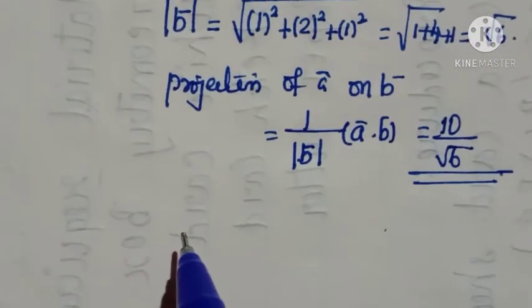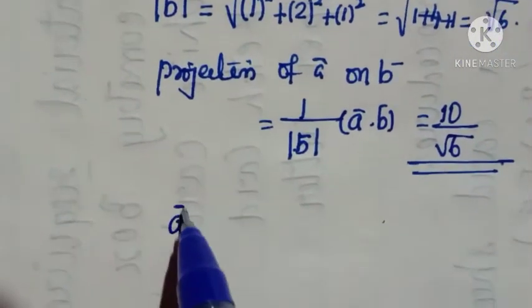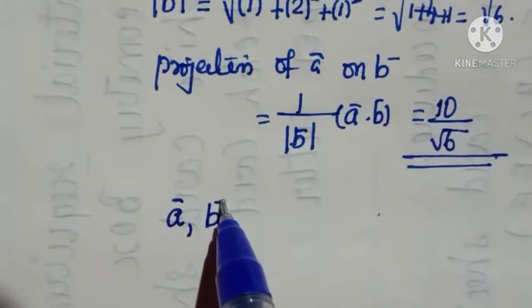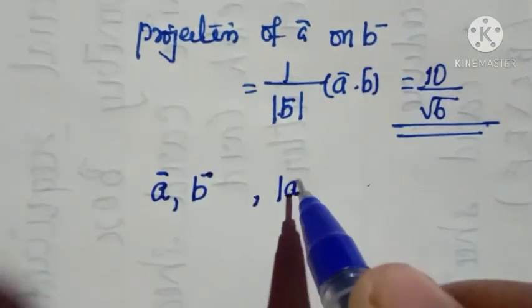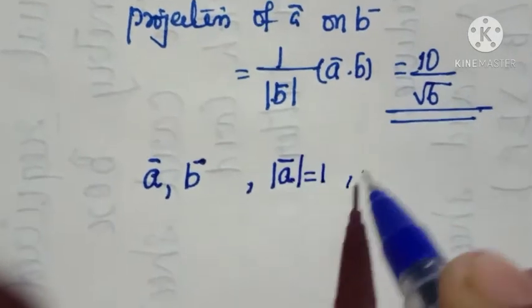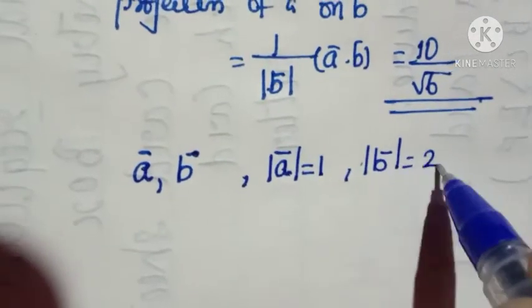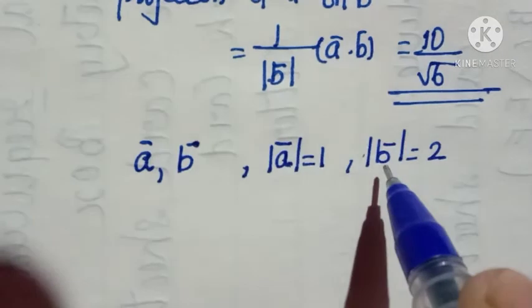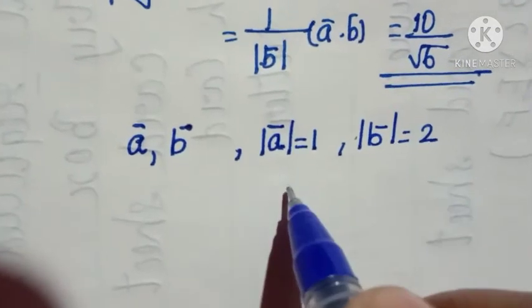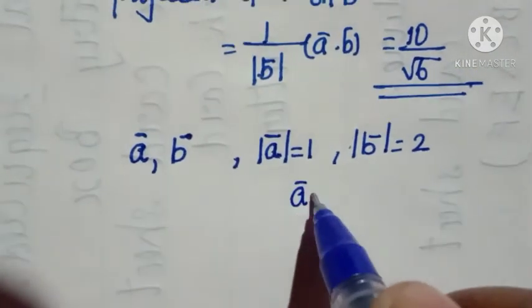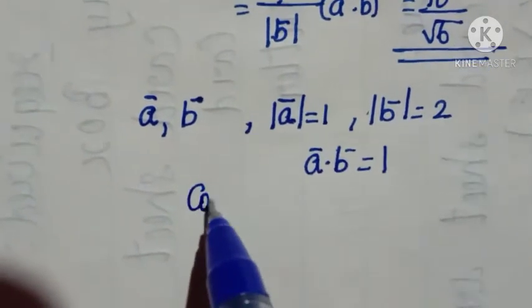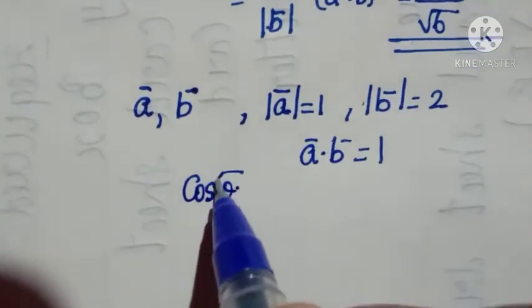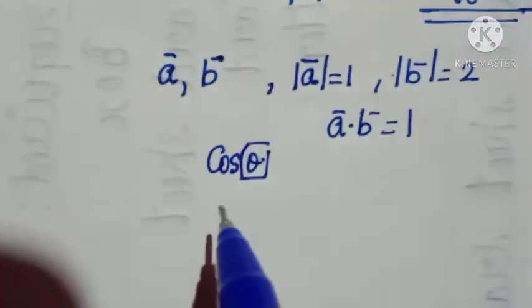Suppose we have two vectors, vector A and vector B, whose magnitudes are 1 and 2. Magnitude of vector A is 1, magnitude of vector B is equal to 2, and also A dot B is equal to 1. Our question is, what is theta? What is the angle between these two vectors?